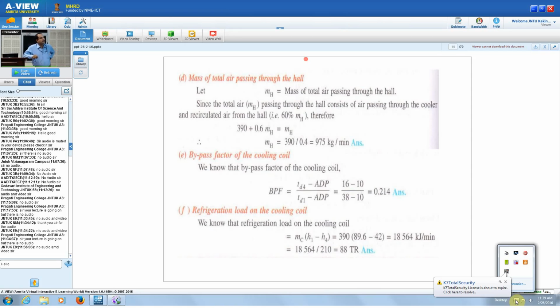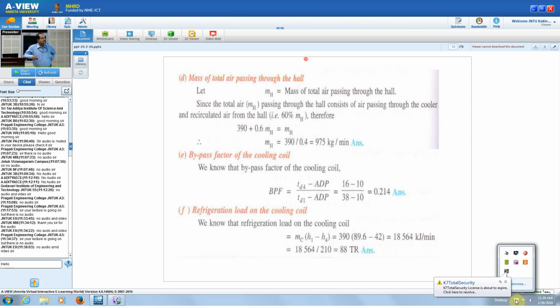And the bypass factor is the dry bulb temperature 4 minus operating dew point, by DBT1 minus operating dew point. Finally, it will give the bypass factor as 0.214.